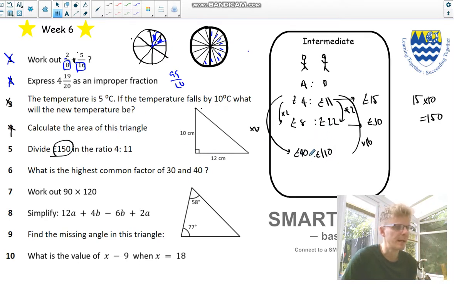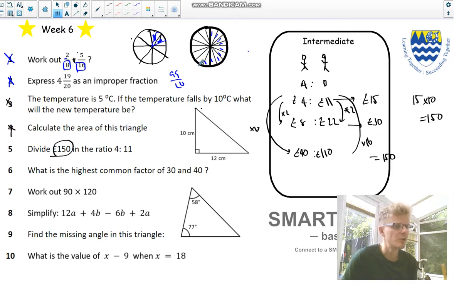And we can see now if we added these 2 numbers together, 110 add 40 gives me that £150. And we've divided the £150 into the ratio of 4 to 11, which looks like 40 to 110 once we scaled it up. So person A would get 40 and person B would get 110.